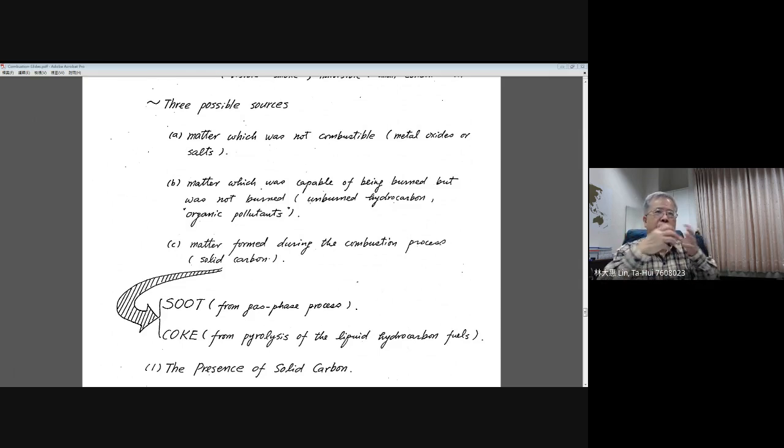But coal needs surface reactions to release carbon monoxide or carbon dioxide. Then they go to the next gas oxidation in the gas phase. They still need a certain time to finish the combustion process.